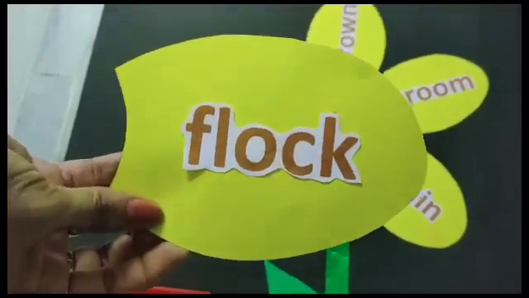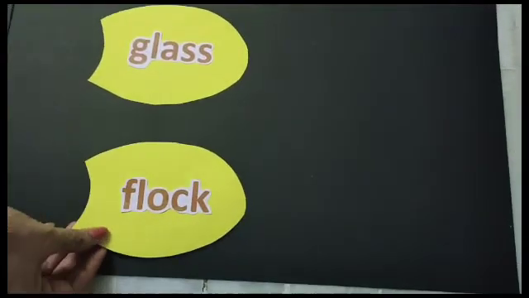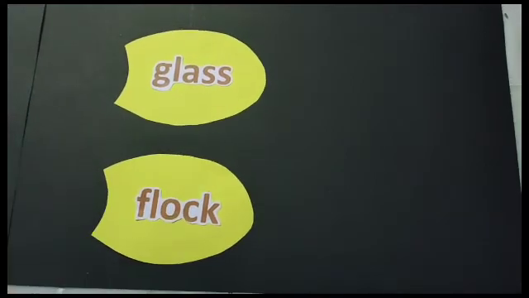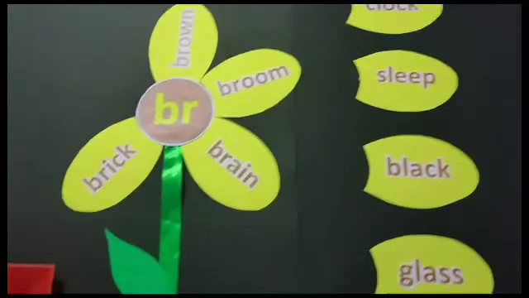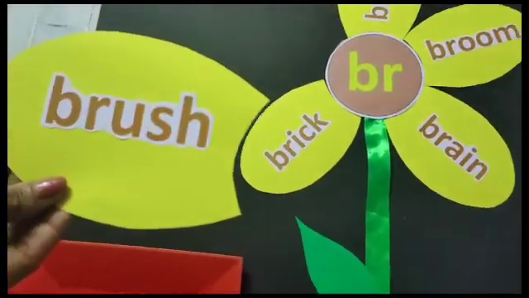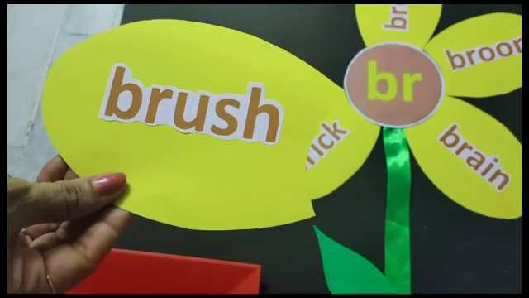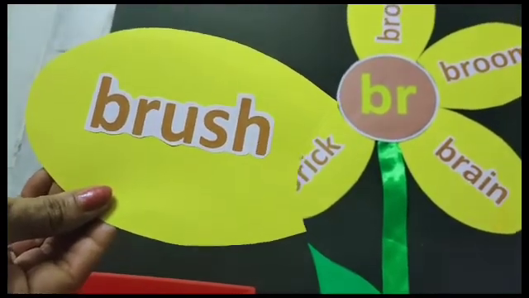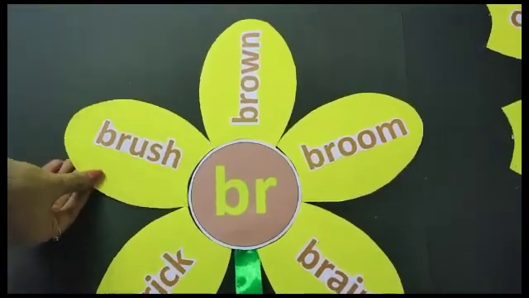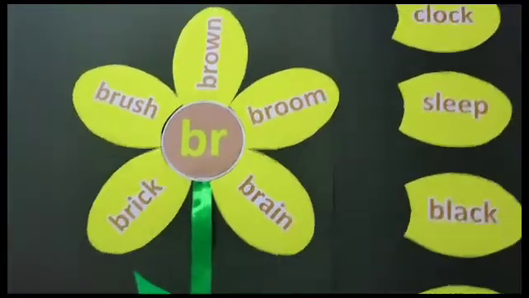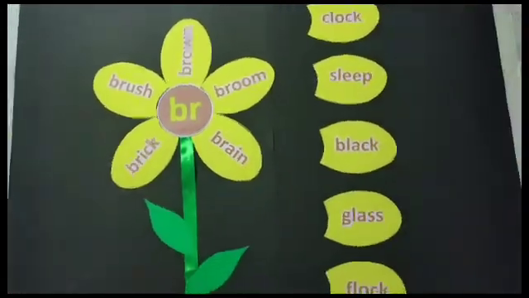Oh, again, this too goes on the side as we cannot hear the r sound in it. Our last petal has brush written on it. Yay! Brush. We can hear the br sound. So, one more petal and our flower is complete and looks so beautiful.